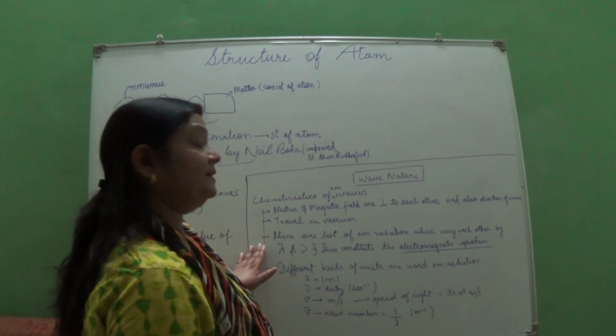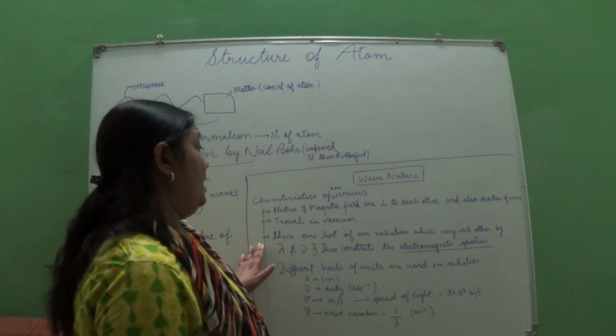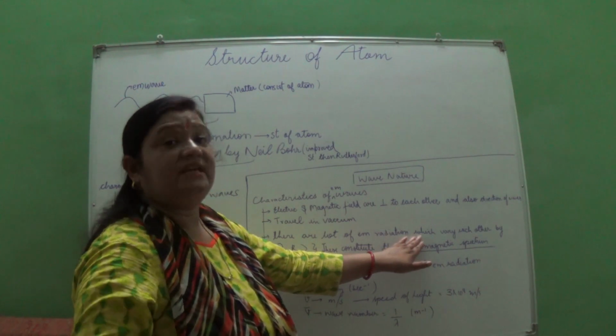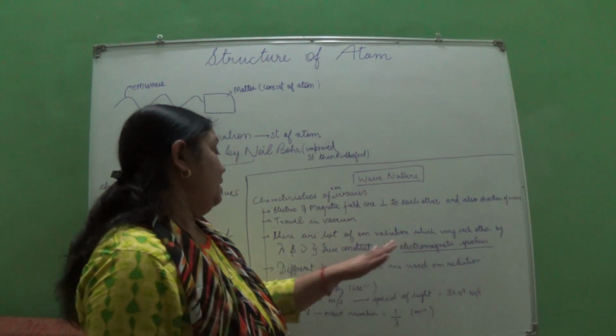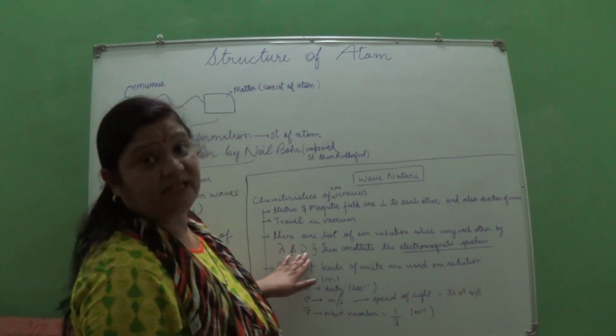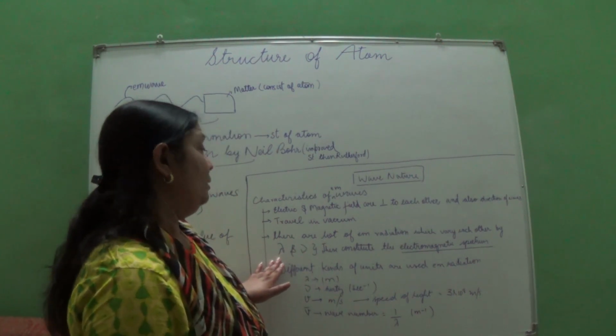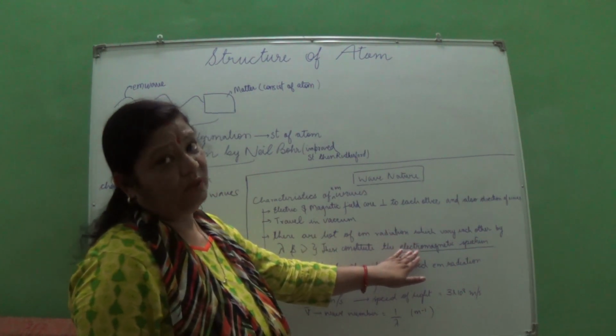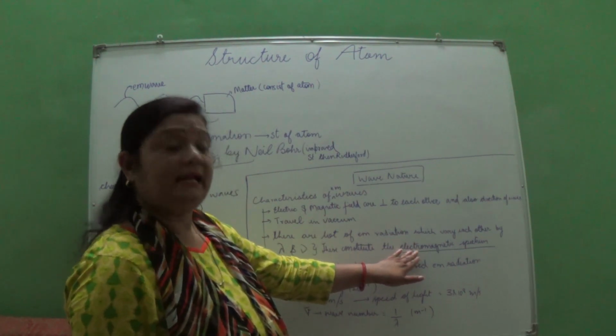The third characteristic is that there are a number of electromagnetic radiations which differ from each other by what? The lambda and the frequency. Lambda means the wavelength. And this constitutes the electromagnetic spectrum, which we will start studying later.